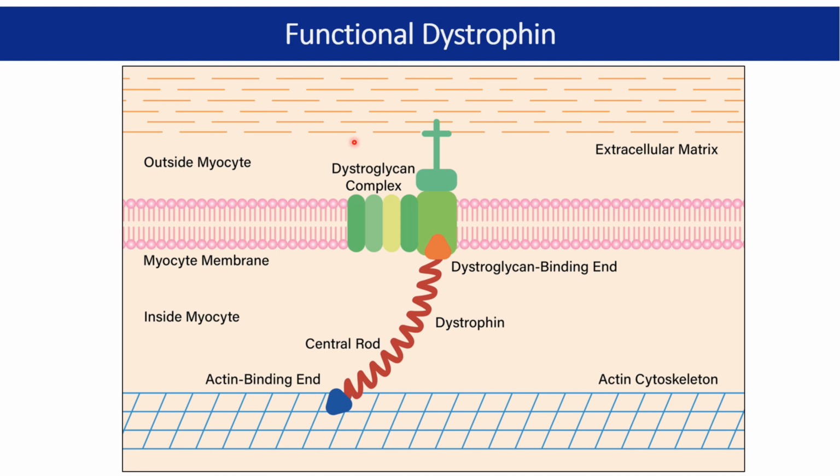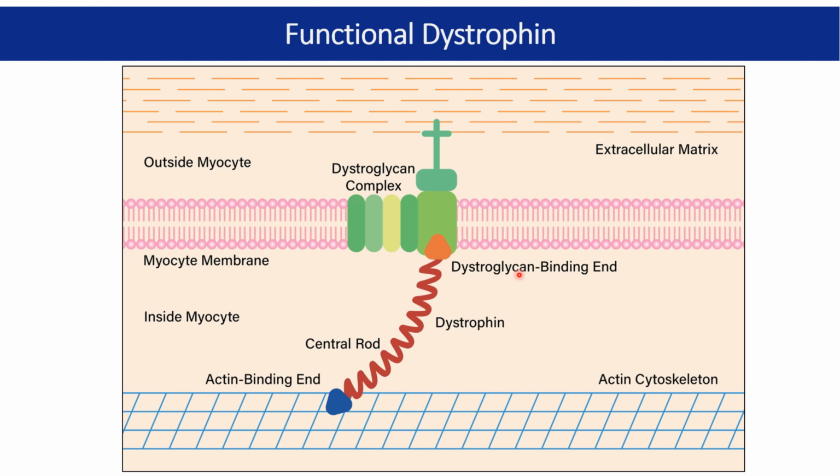So this is the functional dystrophin. You can see this end of the dystrophin is attached to the dystroglycan complex, and the other end is attaching to the actin cytoskeleton, and this is the central rod of the dystrophin.